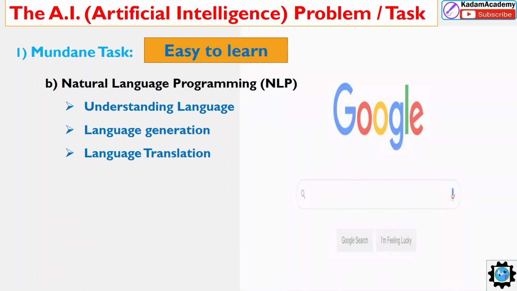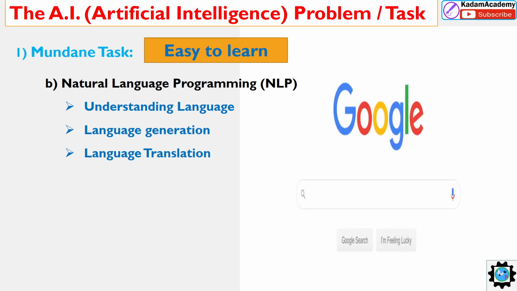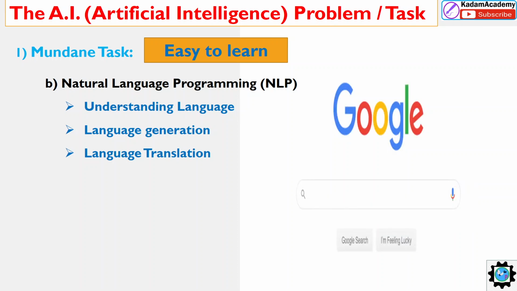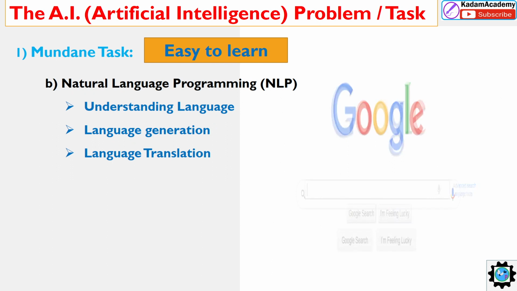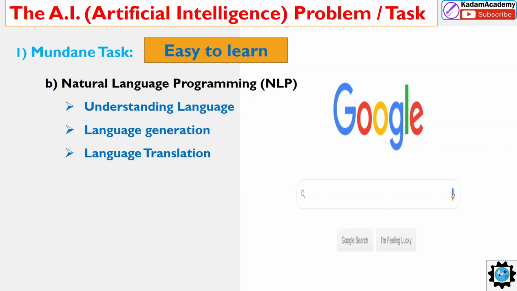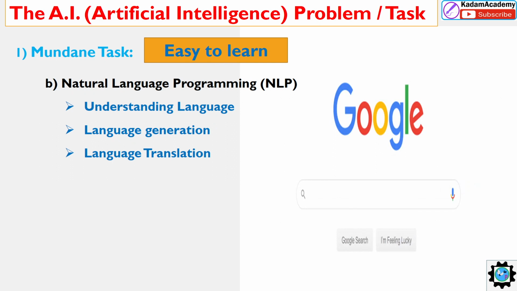Friends, after perception, you go for natural language processing, NLP. Under natural language processing, I have the applications of understanding of language. See, this is the example of Google language generation and language translation. So what is natural language processing? Natural language processing, or NLP, can be considered a branch of artificial intelligence.